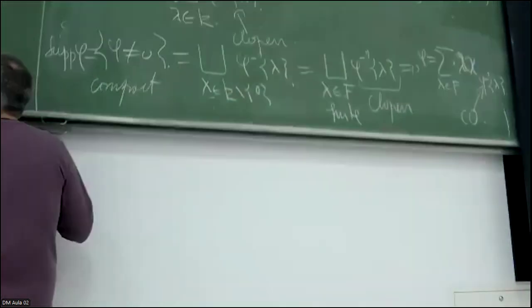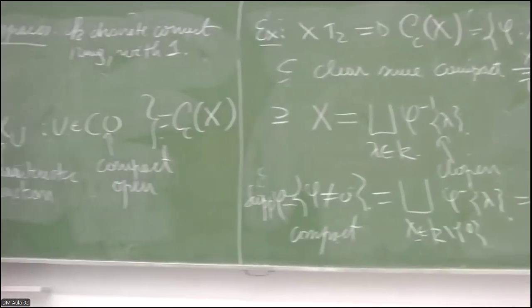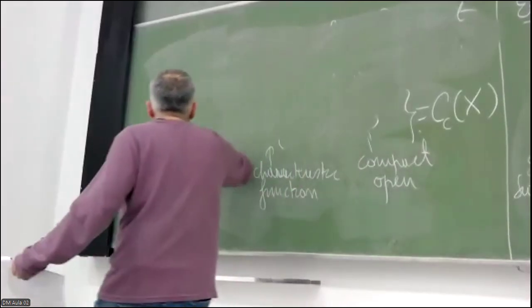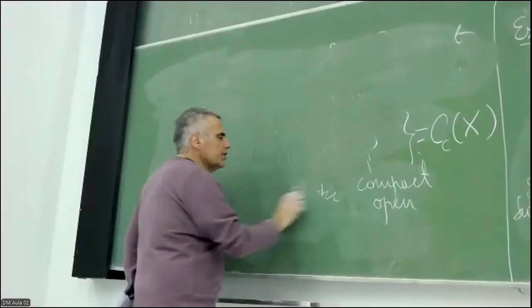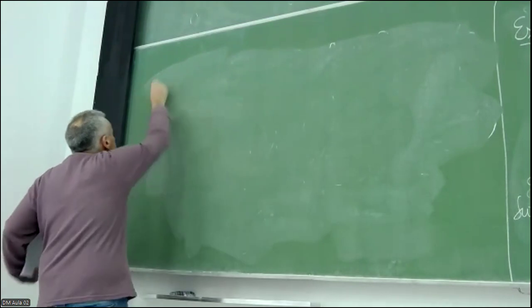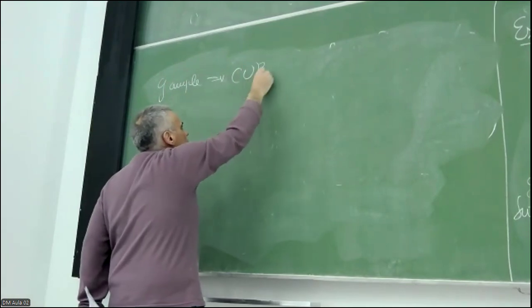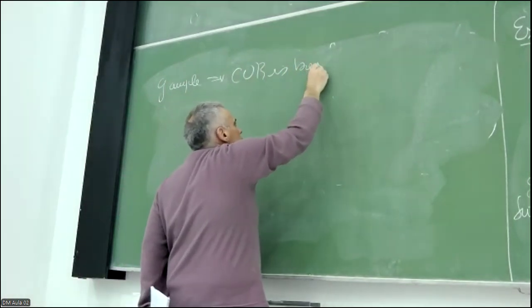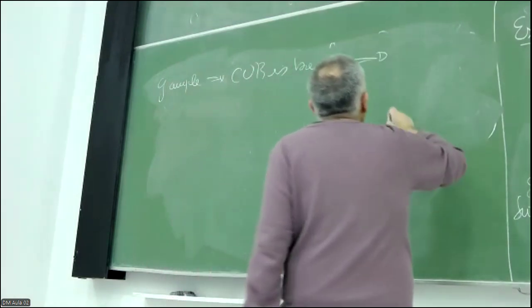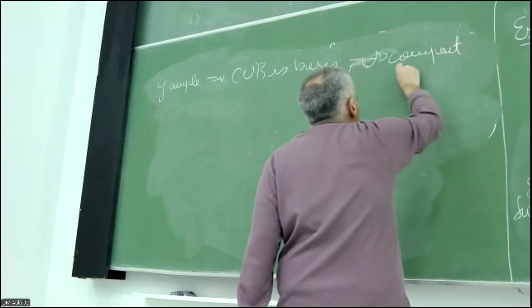So what do we know? We know that, because G is ample, the compact open bisections form a basis. And U is compact and open.